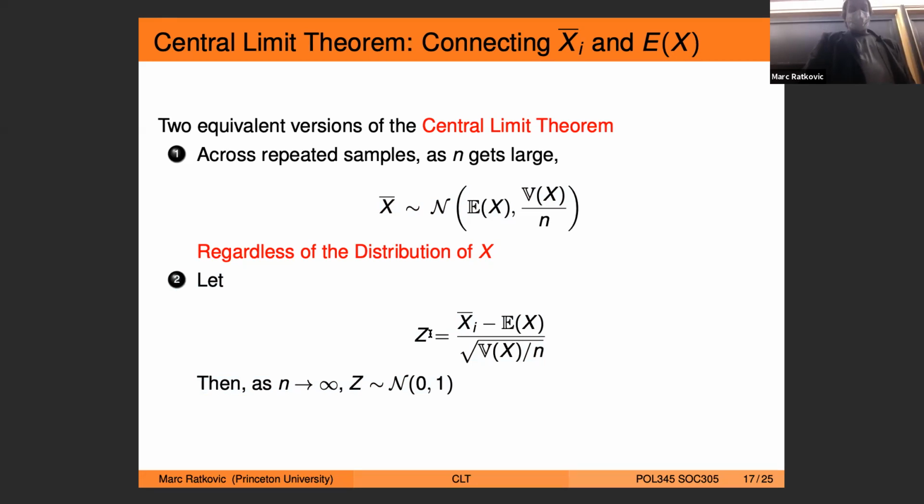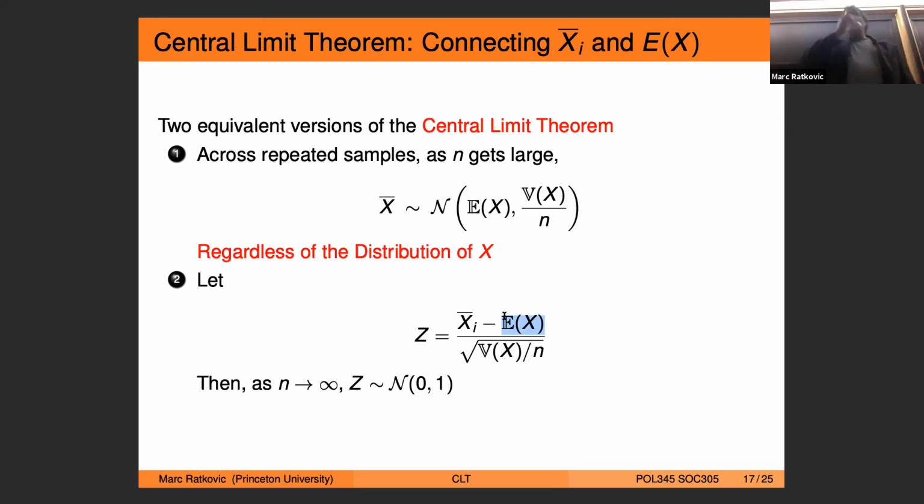Another way to write this is that if we write this as a z statistic, x bar minus its population mean over its standard error down here is approximately standard normal. Now, the power of the central limit theorem is placing the sample average here and the population mean there in a single equation and connecting them through a normal distribution.